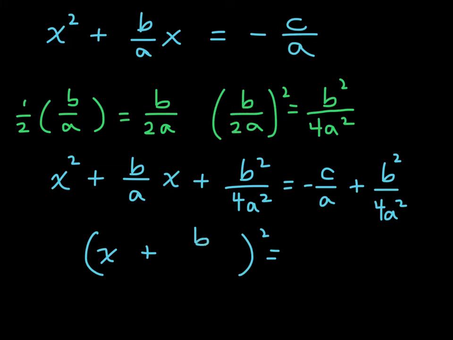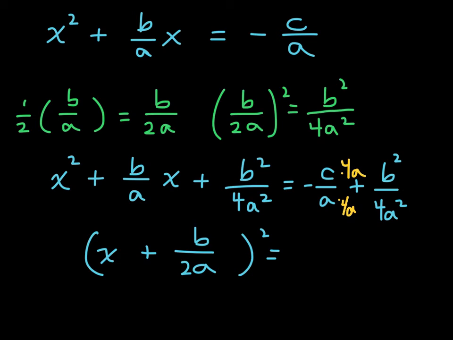Now, as far as this right-hand side goes, you cannot add these two fractions unless they have the same denominator. The LCD is 4a squared. So you're going to have to multiply this denominator by 4a to get 4a squared, and you're going to have to multiply the numerator by 4a as well.